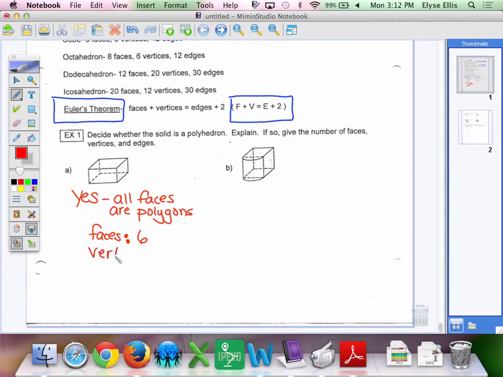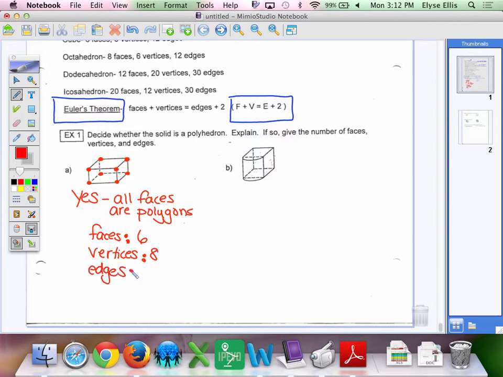Vertices. Well, the vertices are the corners. I'm going to start on the top front. 1, 2, 3, 4. You switch down to the bottom. 5, 6, 7, 8. There are 8 vertices or corners, and that's kind of the points of your picture.